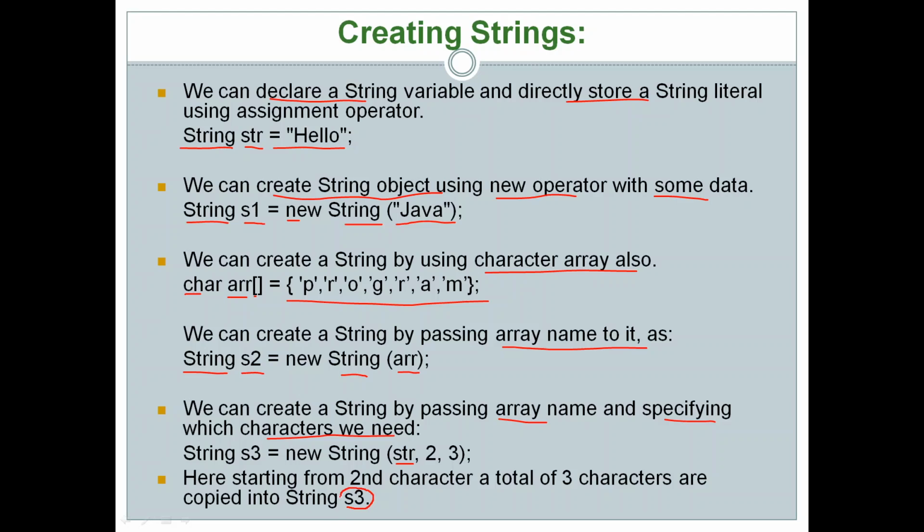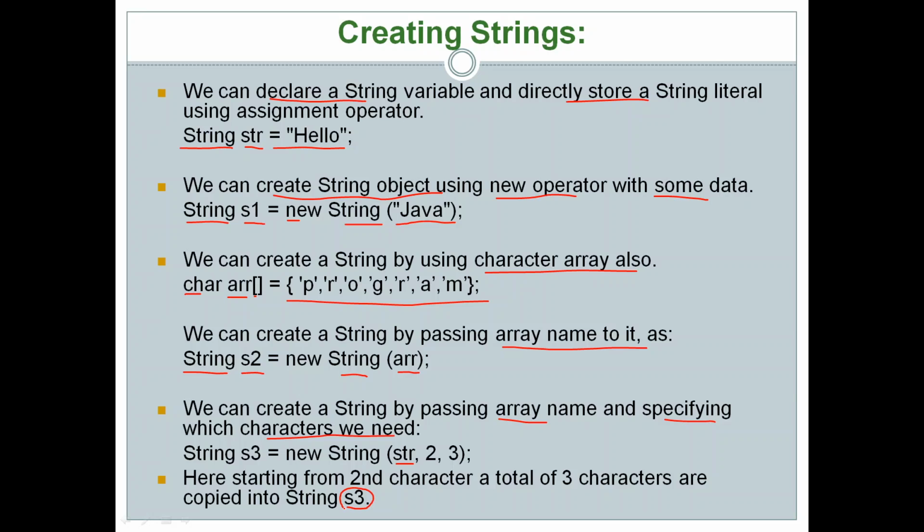So using this way also you can create a string in Java. So these are some different ways by which a string can be created. 2 important ways among these are assigning a string literal to a string variable, and using the new operator.